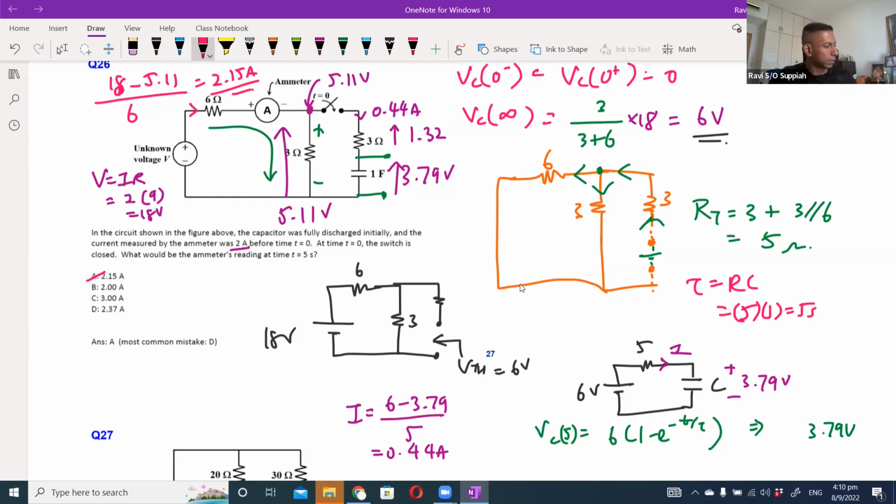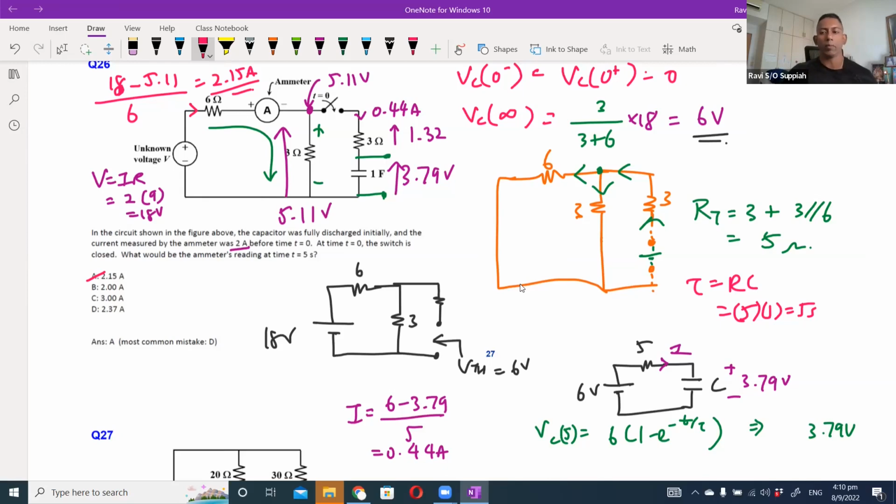Then after that, it will be to find the Thevenin's equivalent circuit so that we know the voltage drop across the capacitor. And with that, you know the current through the capacitor.